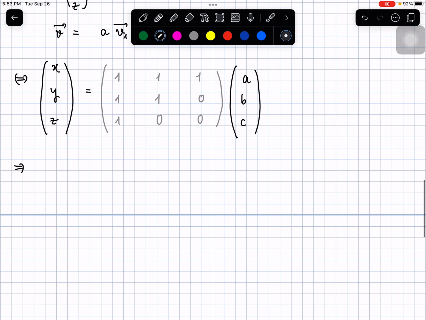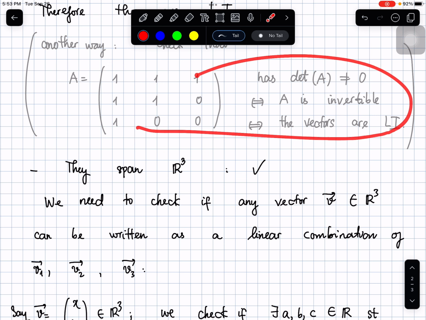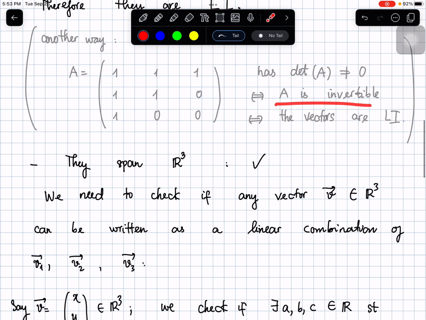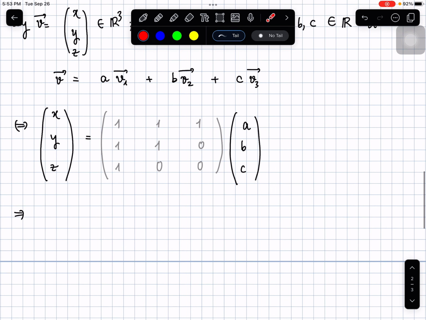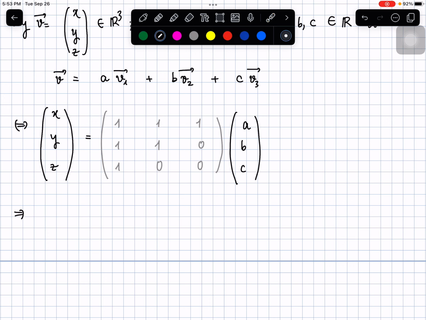Okay, by the second method, we know that matrix is invertible. Then this system, say star, has a unique solution.